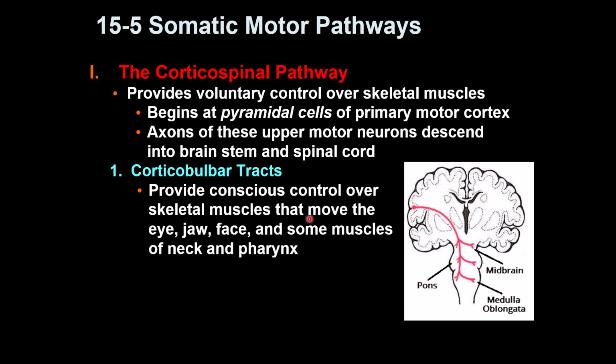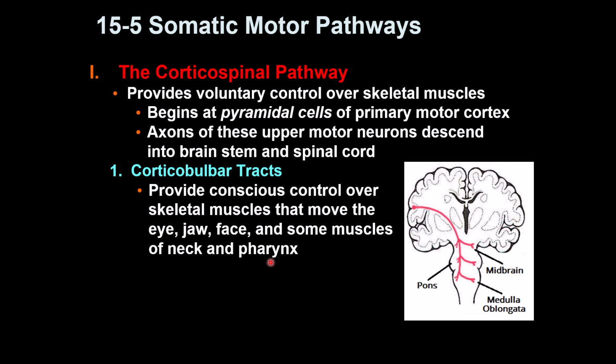Which muscles is the corticobulbar tract responsible for? The eye movements are cranial nerves 3, 4, and 6. The jaw movements, cranial nerve 5. The face movements, or facial expressions, are cranial nerve 7. Also some muscles of the neck, which is cranial nerve 11, and the pharynx, which is cranial nerves 9 and 10.